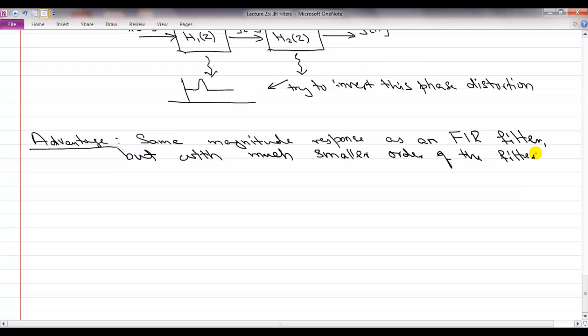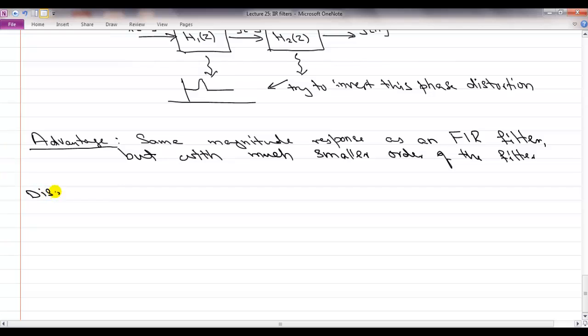So something that an FIR filter might be able to do by using a length or order of 150, an IIR filter might be able to do the same task with a filter of order 15 or 20. It's a significant reduction.